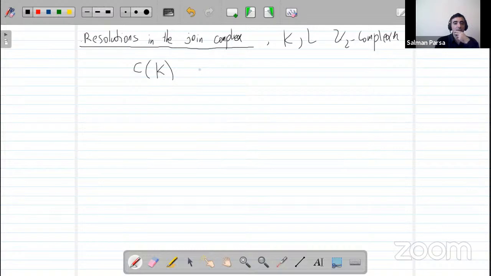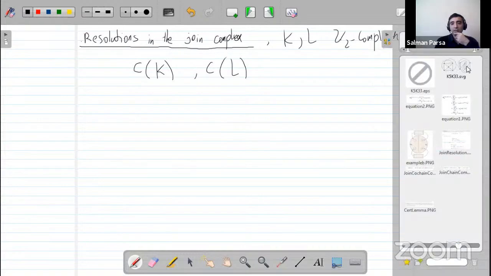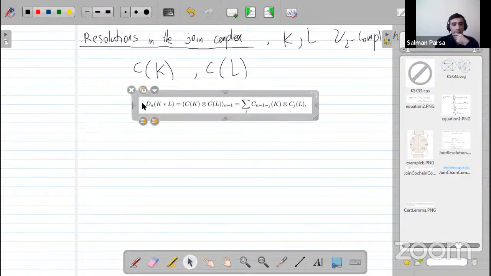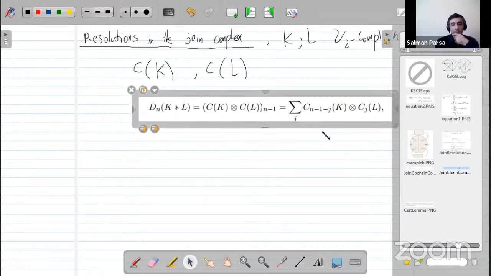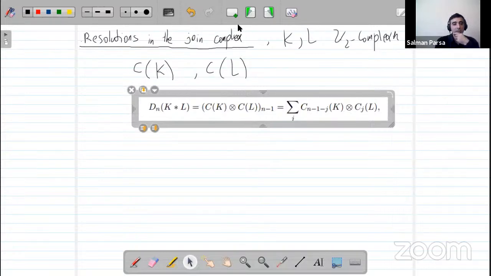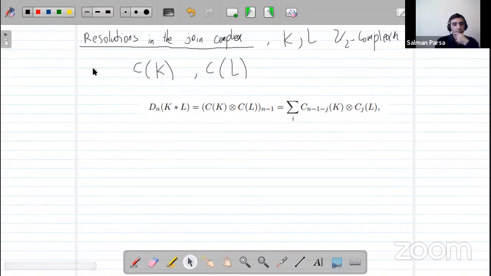Then we have the chain complex for K and the chain complex for L. And now we can write a formula for the chain complexes of the join. So we take these to be augmented, so we need this augmentation.